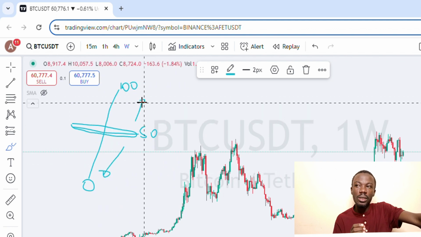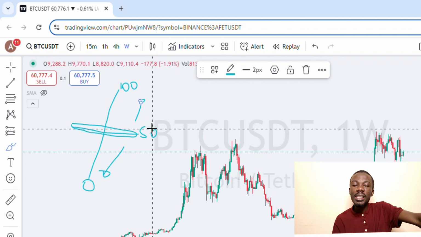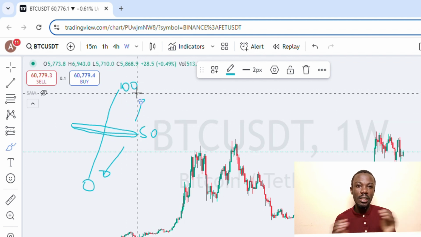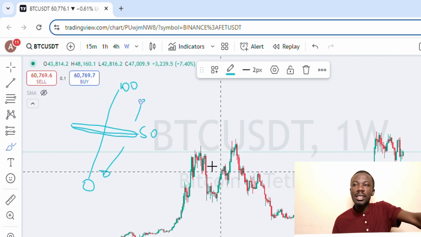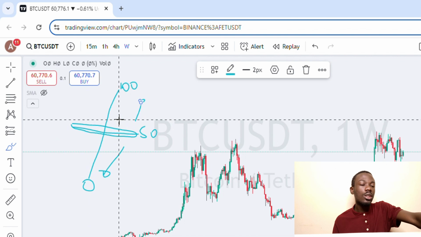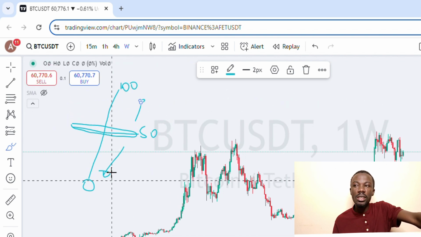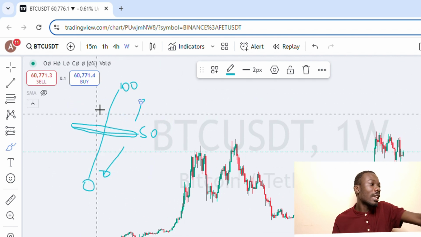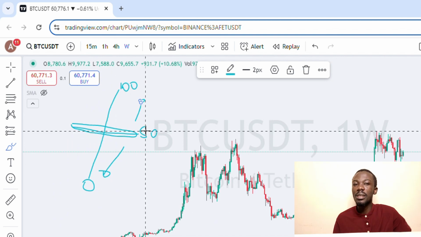That is the first concept that you should understand, that the Fibonacci tool is used in technical analysis, and technical analysis is where you use past data to predict what can happen in the future. So according to the past data that you have, the lowest price as this and the highest price as this, if this is the range that you are trading in, when price is at 50, it simply means that price is at equilibrium, not expensive and not cheap.